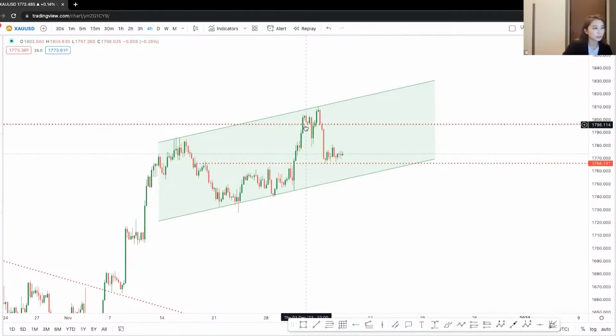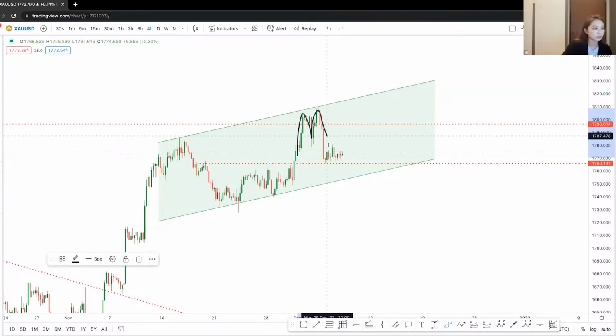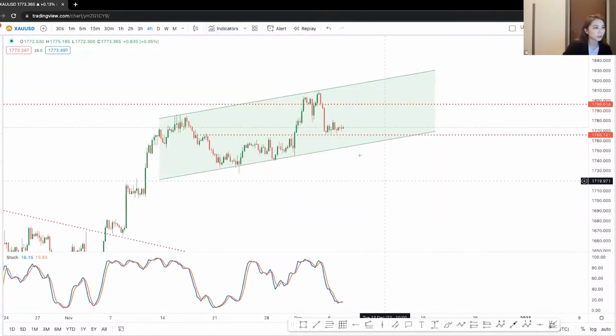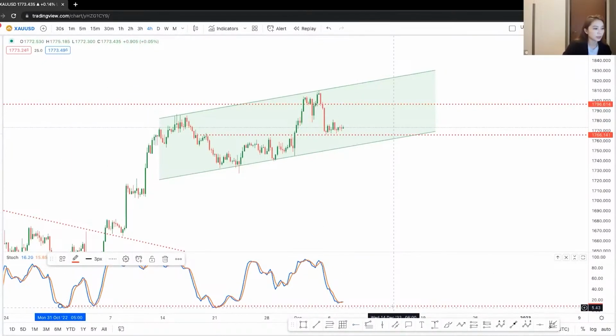You can see that price did a double twin top. Price is already heading for the support, in this case in stochastics. All right, so there's a chance where price would bounce off from this overlap that we are looking at.